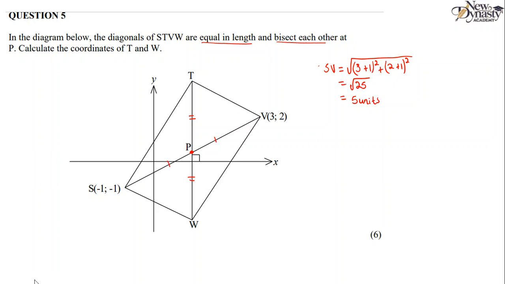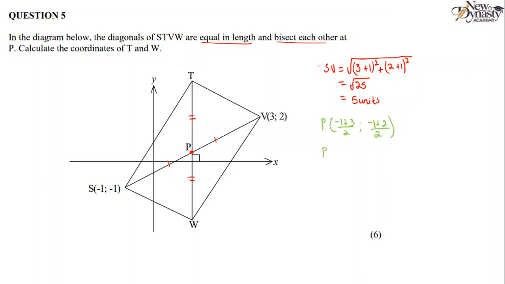Let me try to use a different color. Remember that is x1 plus x2 over 2. So I'm going to choose negative 1 plus 3 divided by 2. And also the y's starting with negative 1 plus 2 divided by 2.